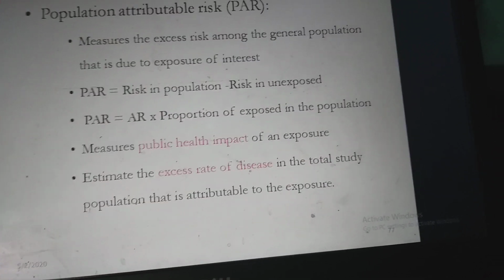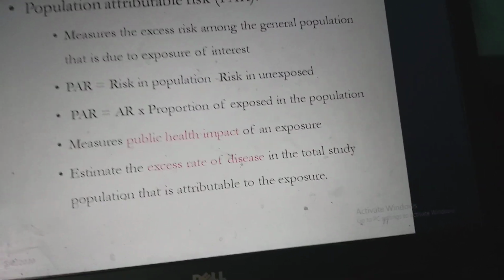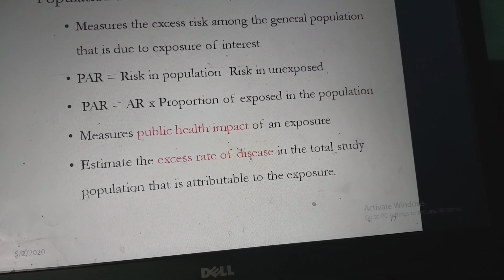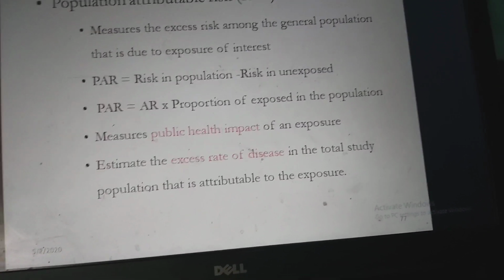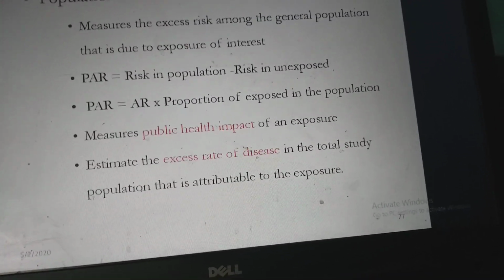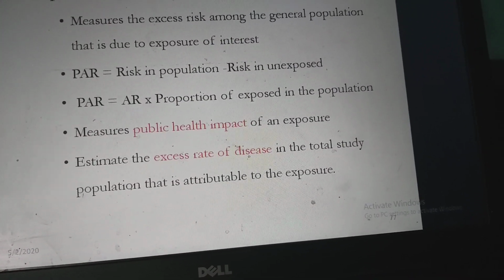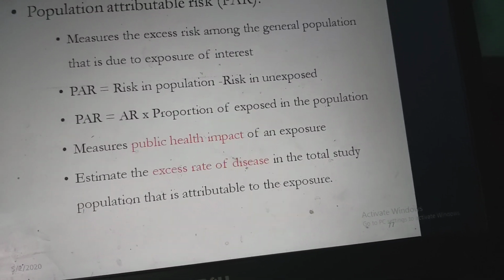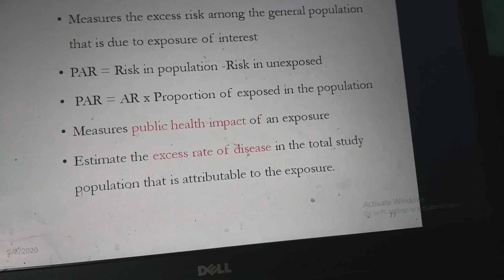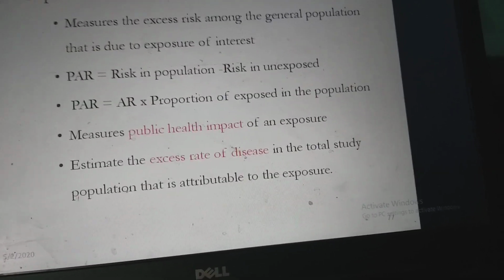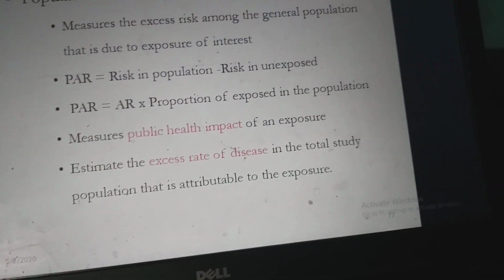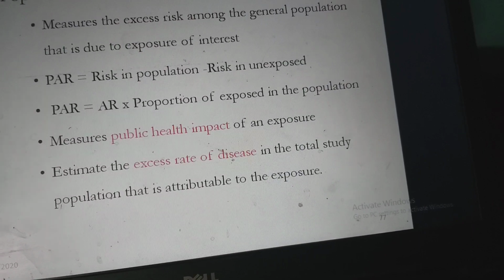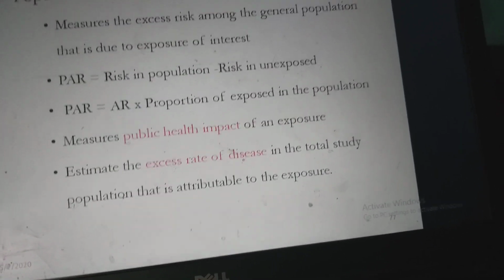Good. The other is population attributable risk. Population attributable risk measures the excess risk among the general population, not the individual. Among the general population, that is due to the exposure of interest. So population attributable risk is equal to risk in population minus risk in unexposed, or simply attributable risk times proportion of exposed in the population.